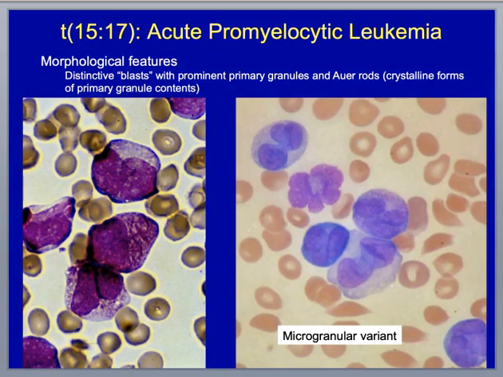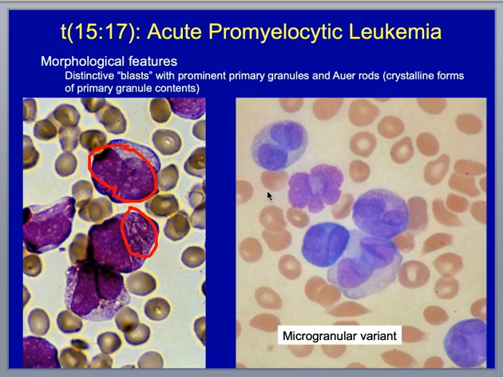So, in APL, we have these blasts with distinctive morphologic features. They have these bilobed, oddly shaped nuclei, and in this cell we can see the Auer rods, these needle-shaped, dark purple or red rod-shaped structures.